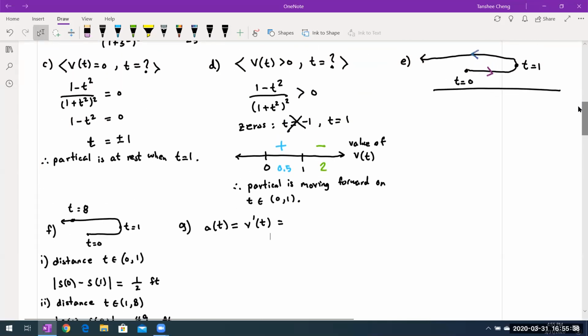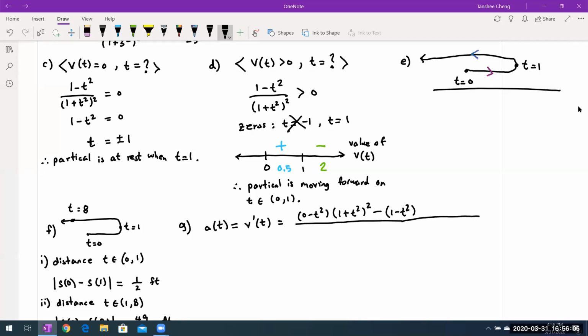I'm not going to go all the way up. This part right here is a velocity function, so when I take the derivative of that, it will become the derivative of the numerator, which is 0 minus t squared, times the denominator, 1 plus t squared quantity squared, minus the numerator, 1 minus t squared, times the derivative of the denominator.